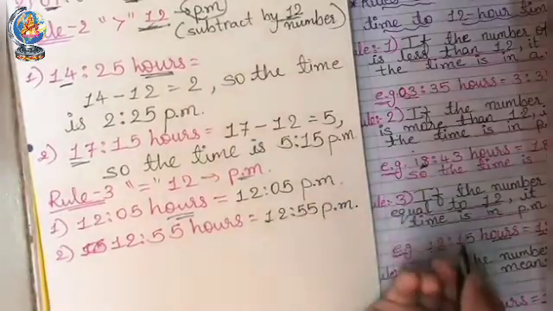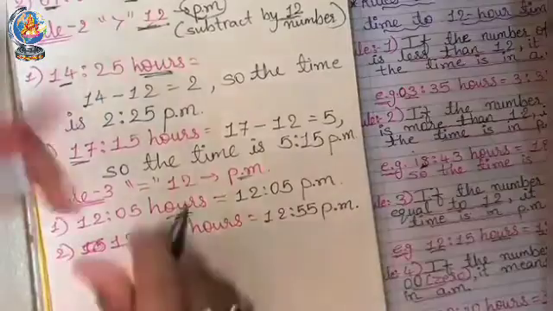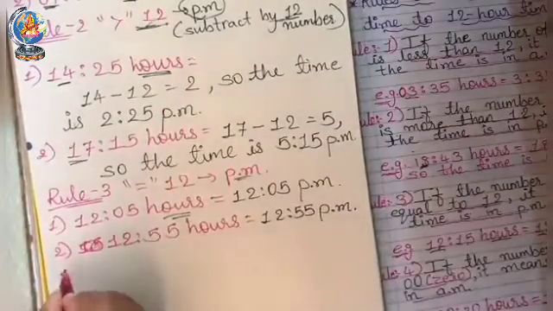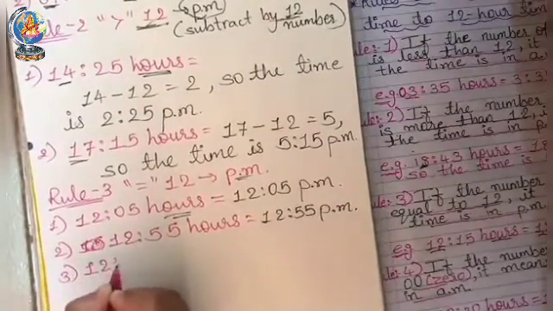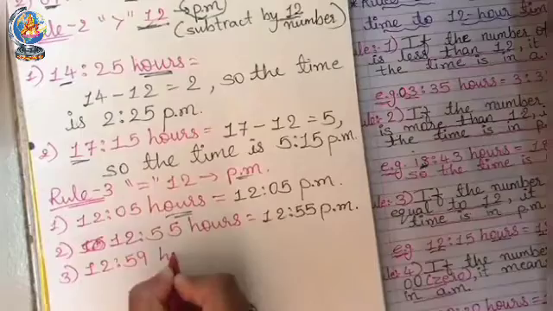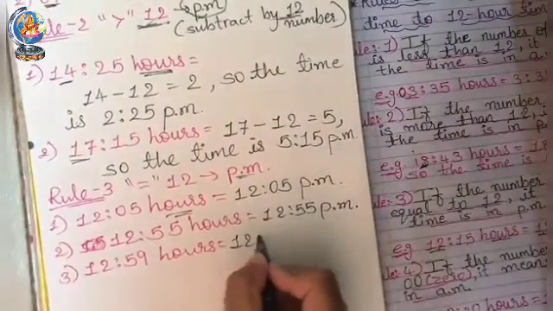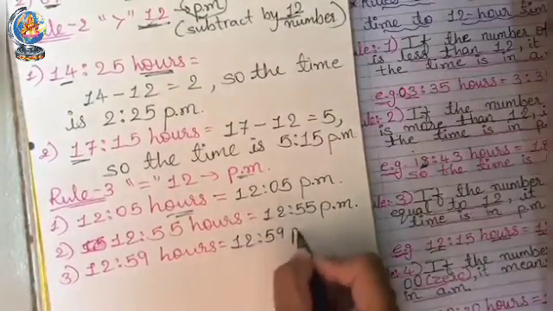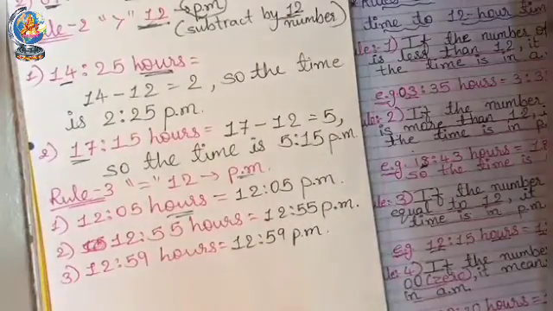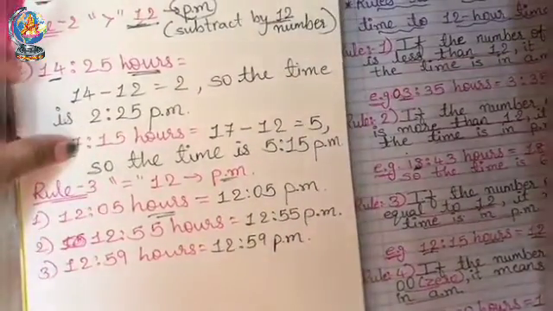Last, let me give you up to the last minute: 12:59 hours is equal to 12:59 p.m.